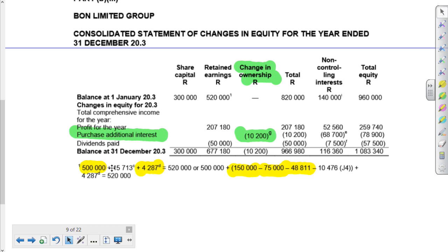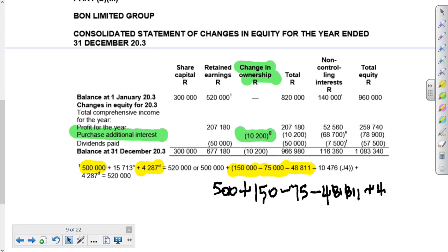Okay, let's just see what we would have had. We would have had the 500 and the 150. We would have taken off the 75, taken off the 48,811. I'm reducing the profit on the sale of that land. Added the bargain. And removed the 15,713, which belongs to NCI.